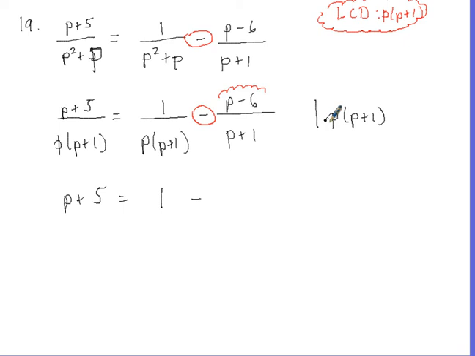And so p times p plus 1 divided by p plus 1 is p. So this is going to be p times p minus 6. Careful, the negative sign is still there and will have an impact on all of this.